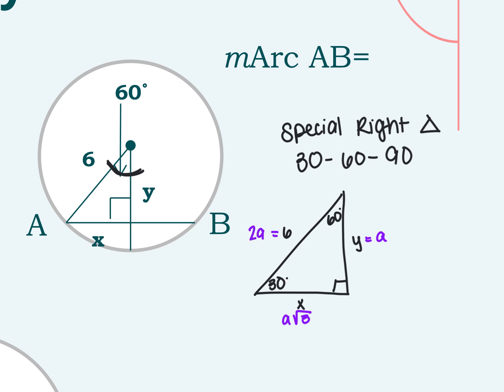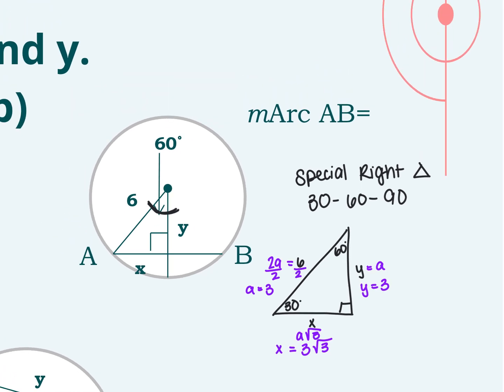Solving for A, I'm going to go ahead and divide by 2 on both sides. Then I'm going to get A equals 3. So Y is also going to equal 3. And then if A is 3, plugging it in, X is also going to equal 3 radical 3. So I'm just going to write that right here.